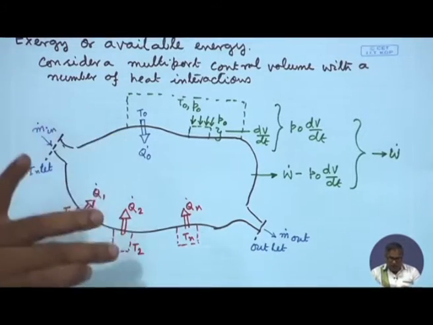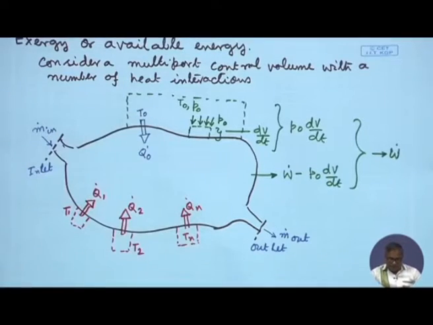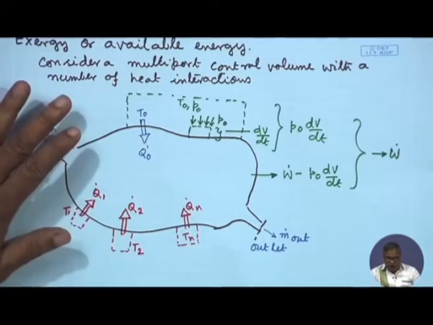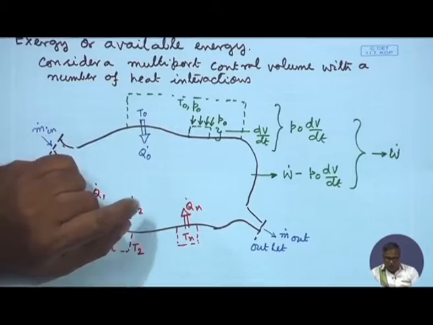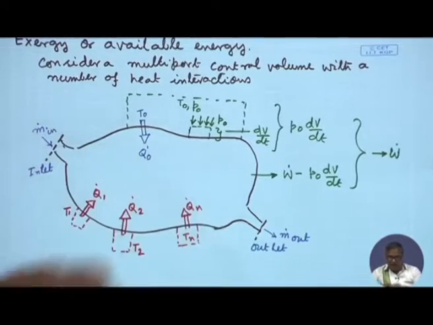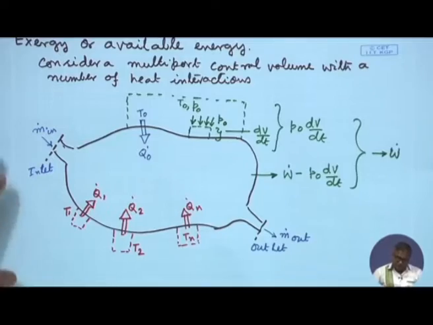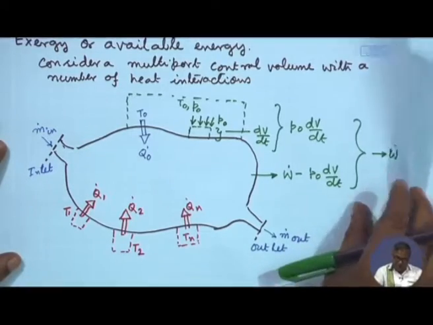So, there could be heat transfer, and if the control surface is a movable surface, then there will also be interaction between the surrounding and the control volume. There will be change of volume and some work will be done by the atmospheric pressure, or the pressure of the environment. This is how we can represent a general control volume with different kinds of interaction.